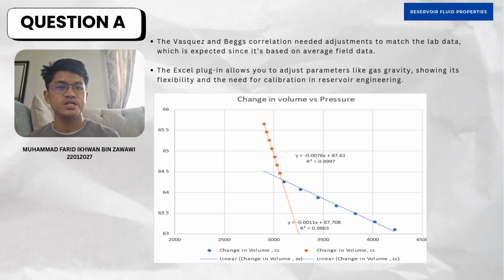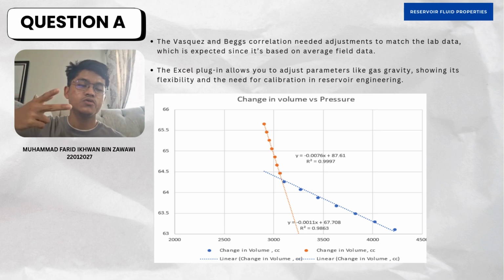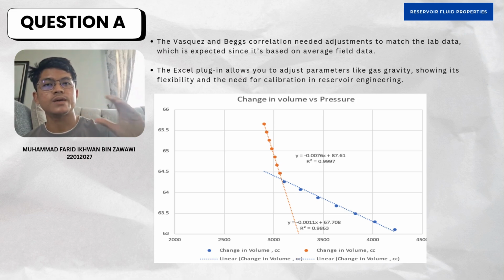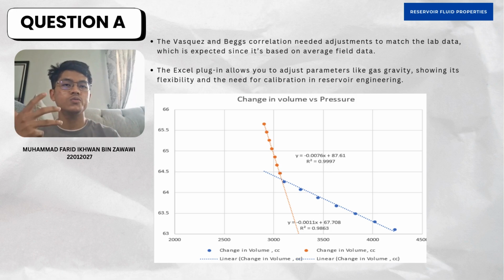Then we need to change the variable, that is SG, the specific gravity of gas, because SG is one of the variables that we use to calculate both values, Vasquez-Beggs and also the plug-in function. After we calculate, we use the Goal Seek function, and then we got the Vasquez-Beggs SG as a different value, and also the plug-in SG as a different value, and the values for Vasquez-Beggs and the plug-in are almost the same as the reported Pb from the CCE test.